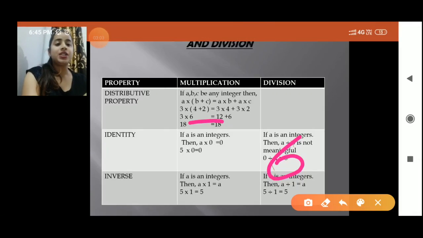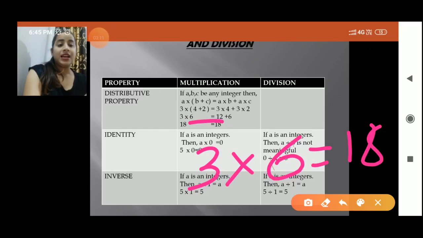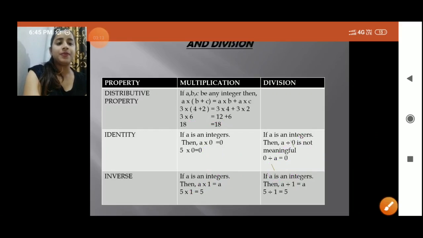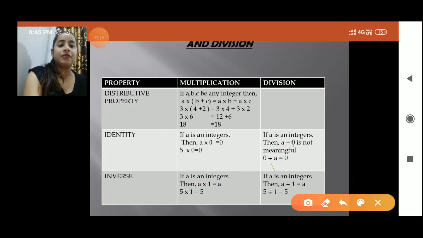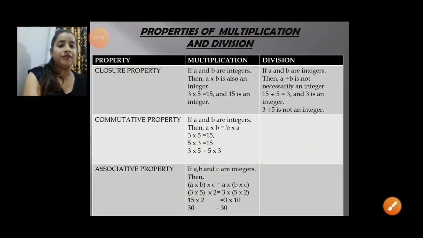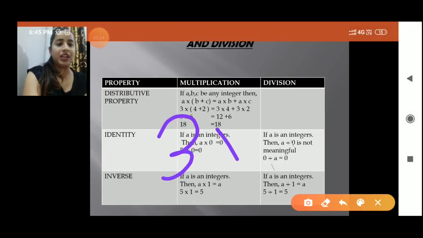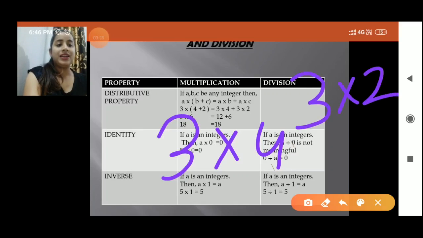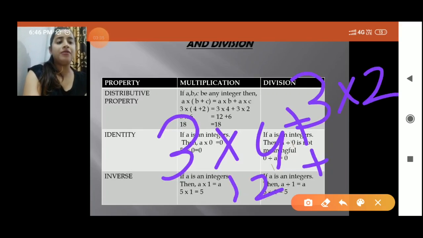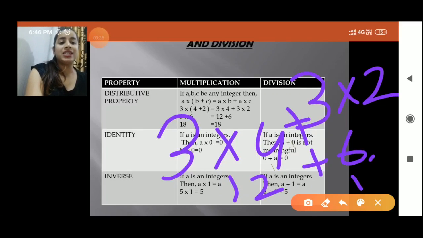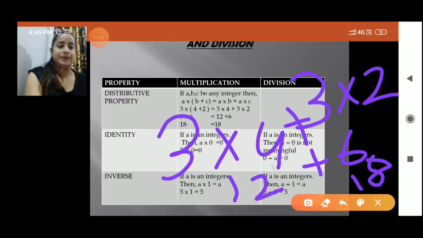So we have added 2 integers and then multiplied it with the first one, that gave us 18. And in the other case, we first multiplied 3 into 4 and then multiplied 3 into 2 and then added up their values. So it gives us 3 4s are 12 plus 3 2s are 6, which is equals to 18.